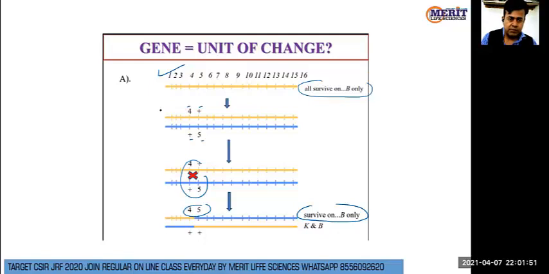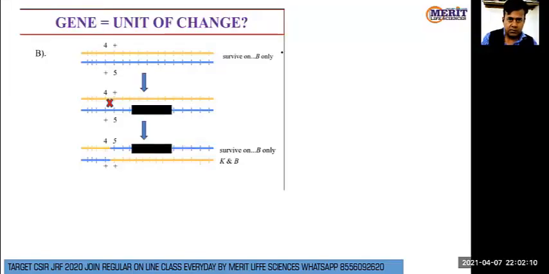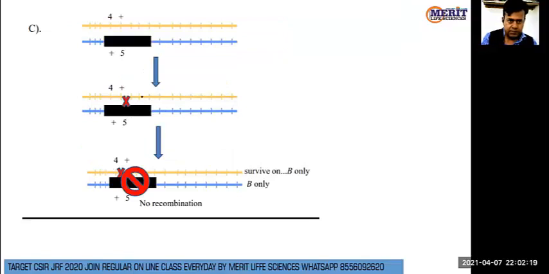But if we are producing two mutants, one 4 plus and the other plus 5, and both are combining, then the 4, 5 will be growing, and the plus will be growing on both K and B. So gene is the unit of change. They survive on B only, already discussed. And the third condition is that no recombination is possible. Then you can see none will grow on K, and both can survive on B only.